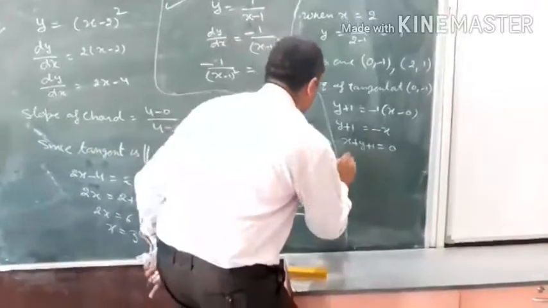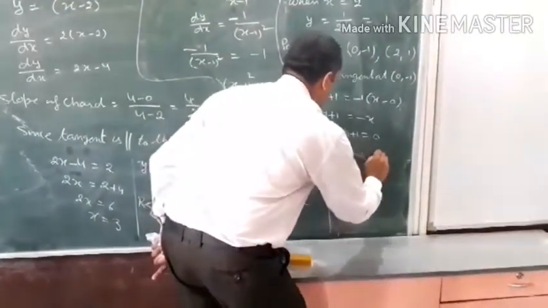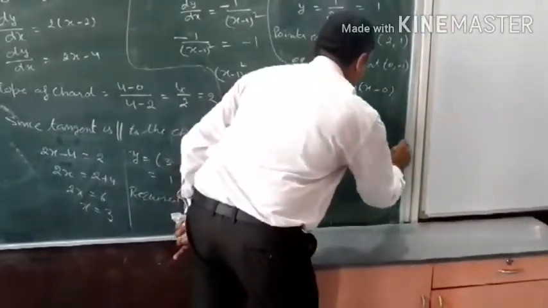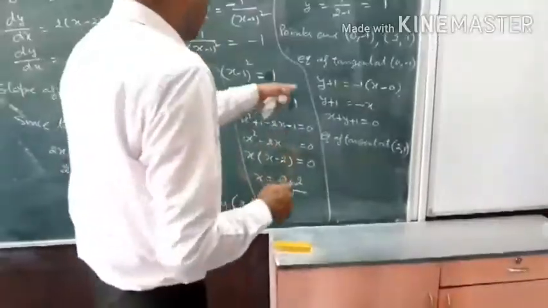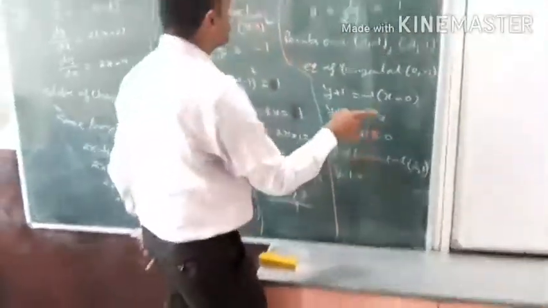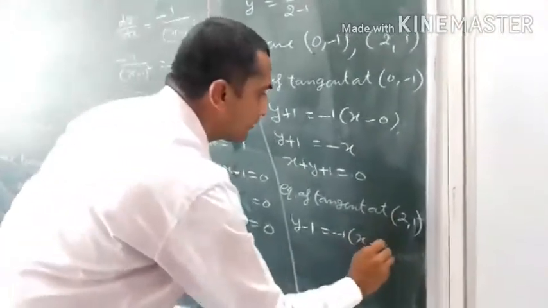And the equation of tangent at (2, 1). It will be y minus y1 is equal to slope, minus 1, times (x minus 2).